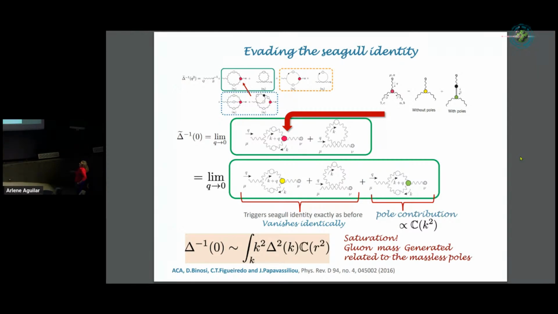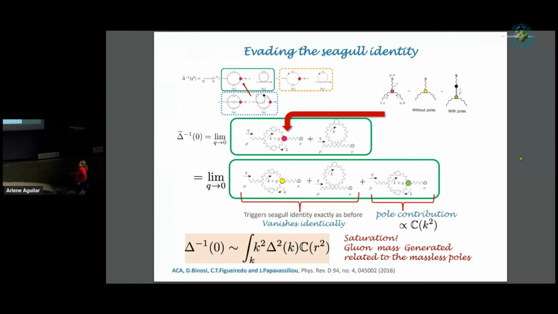These two are going to trigger the seagull cancellation as before, and the red and the green one that has the pole is not going to be 0 anymore. It's the new contribution. And it is precisely this one that, in the limit of q going to 0, is going to create my mass dynamically.